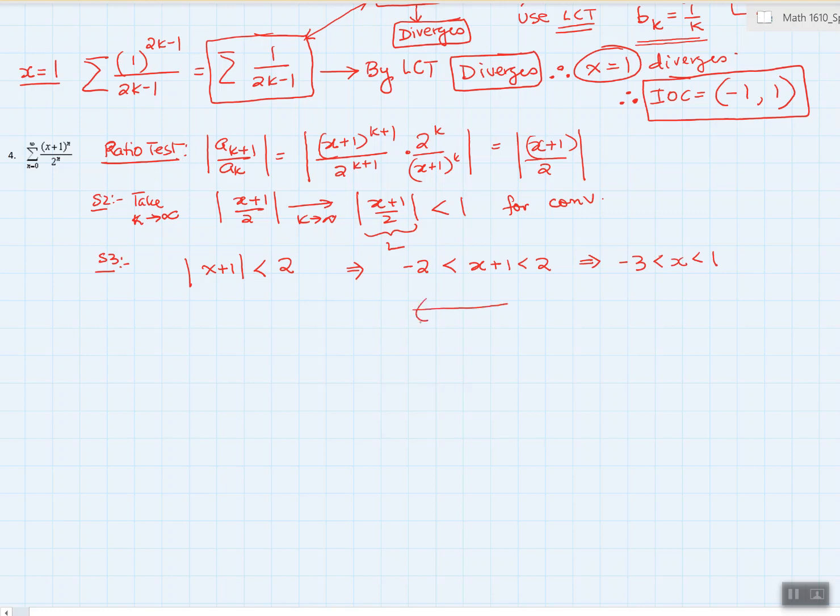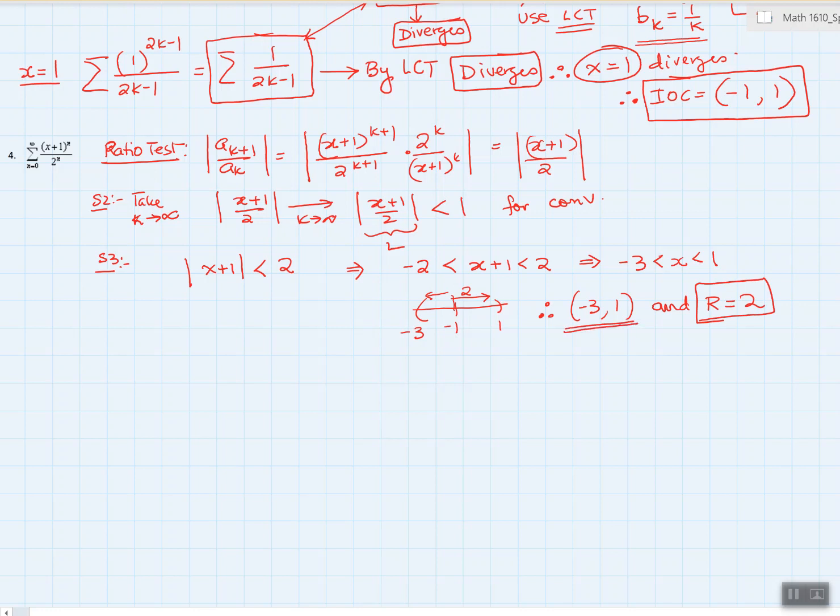So my interval of convergence is somewhere from -3 to 1. The center obviously is -1, and distance to the endpoints is 2. So my interval of convergence is -3 to 1, and the radius of convergence is 2.